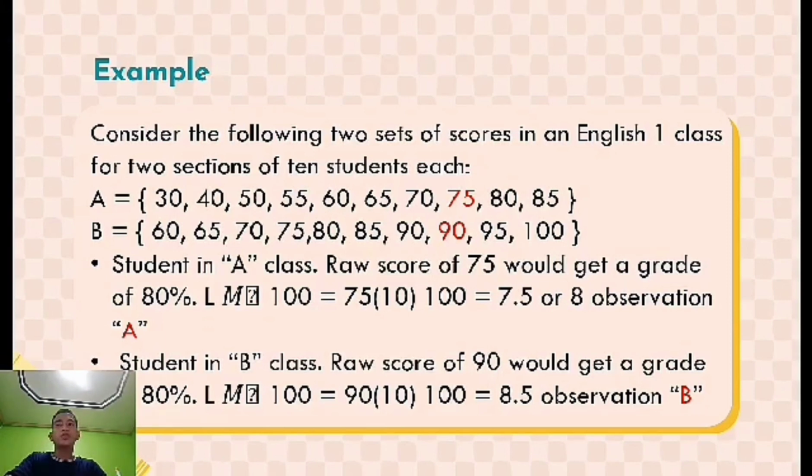Because norm reference is also used to describe relative placement of scores, such as what your rank is: are you first, second, third, and so on. So this will also answer the question, what is your rank after all the scores are arranged from highest to lowest.